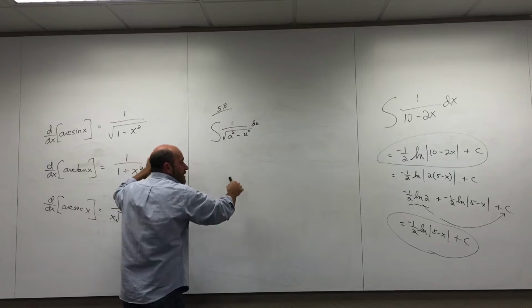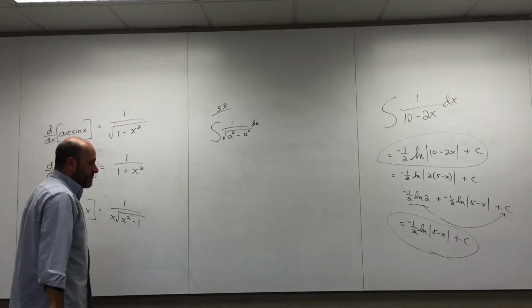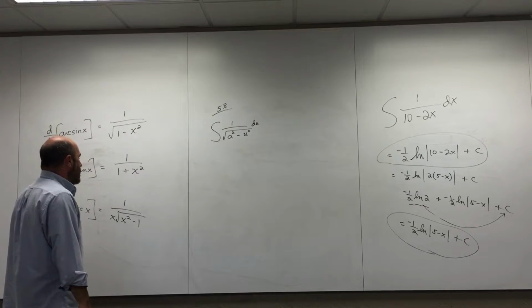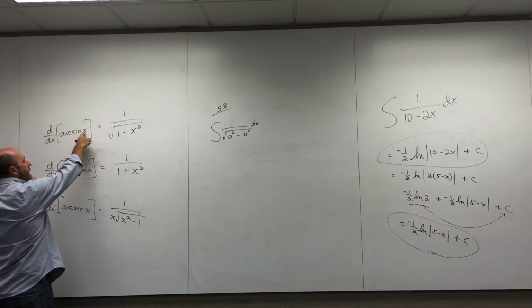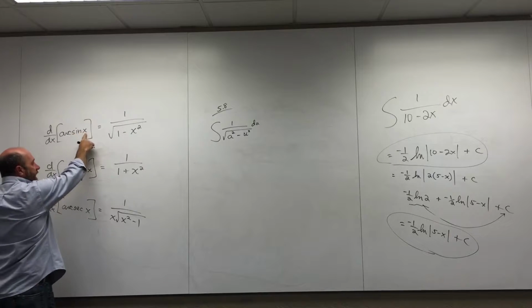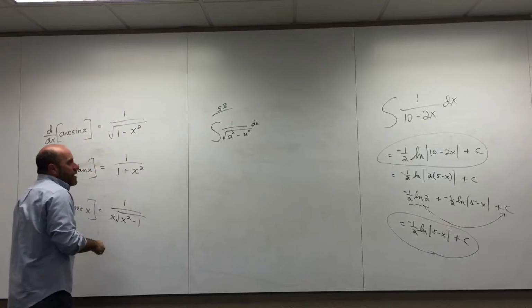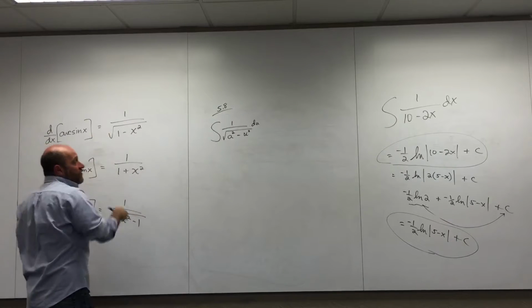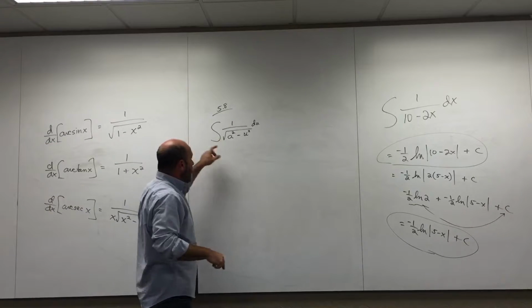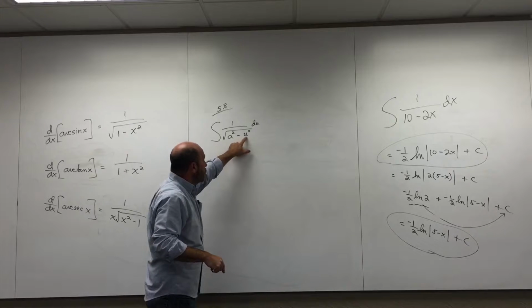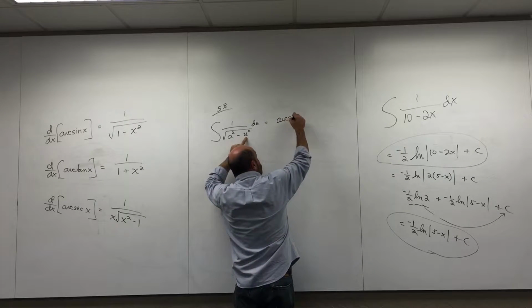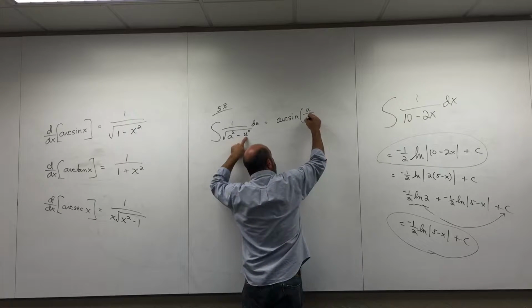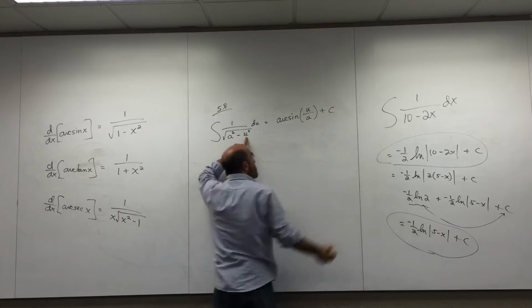So what am I trying to say? This derivative formula was very specific for arcsine of x. But when I do the integration formula, I generalize it to an a squared minus u squared, and then the answer is arcsine u over a plus C.